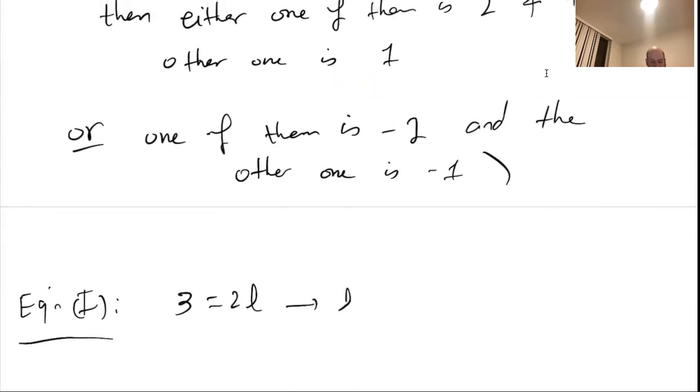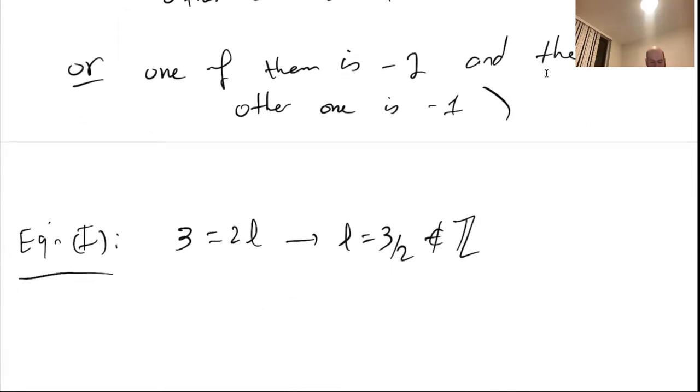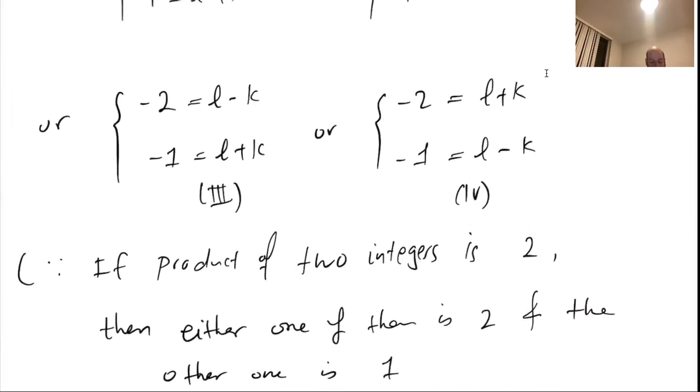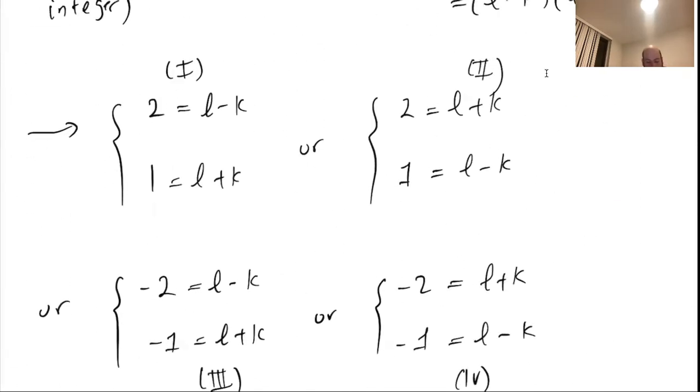And that means L equals 3 over 2, which does not belong to Z. So equation 1 has no solution in Z, because when we add them, we get L equals 3/2, but it must be an integer.